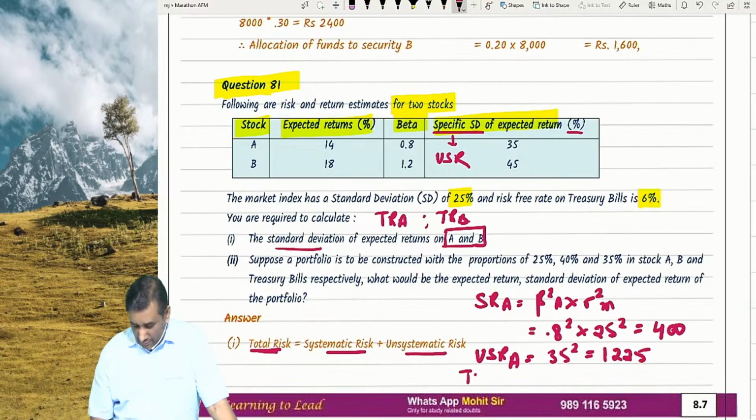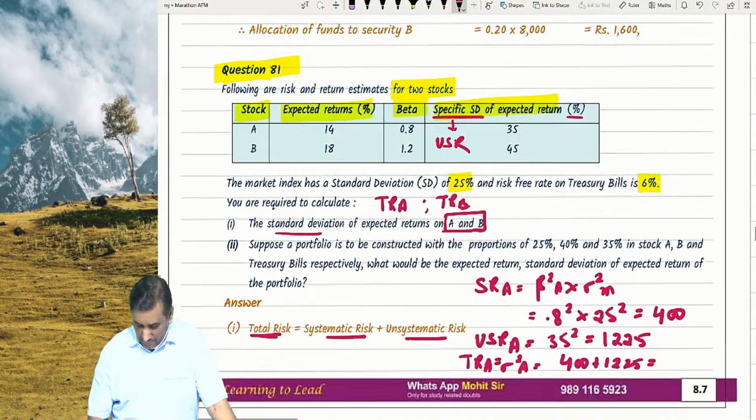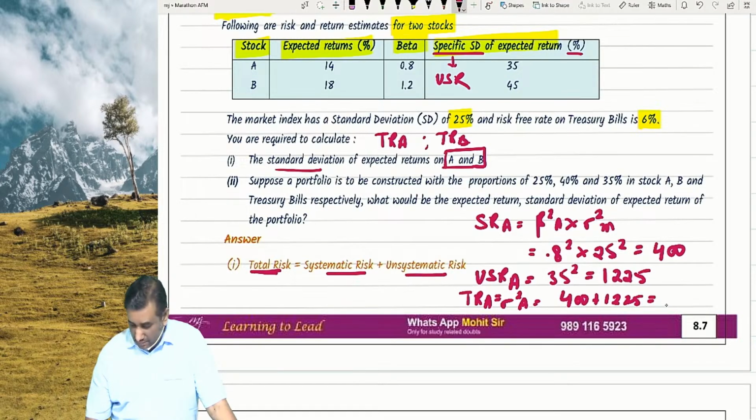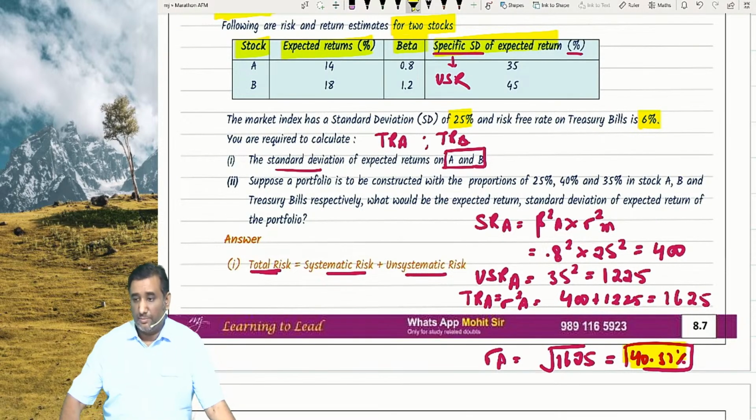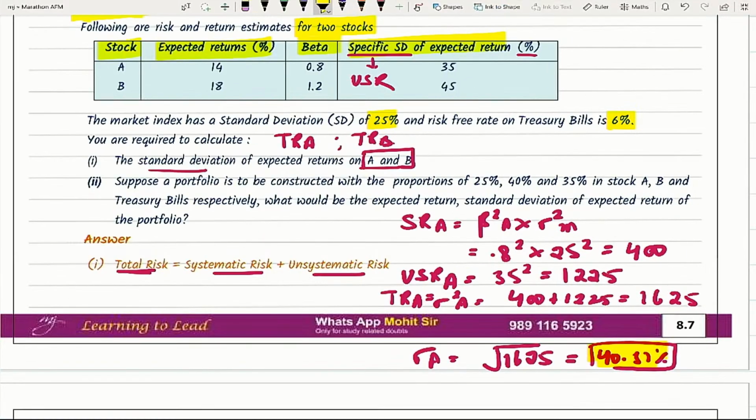So if I find the total risk of A, that is equal to the variance of A, which is 400 plus 1,225, that is 1625. Since he is asking for the standard deviation of A, that would be the square root of 1625, which is 40.31. Try for B now quickly please, and then look at the second part.